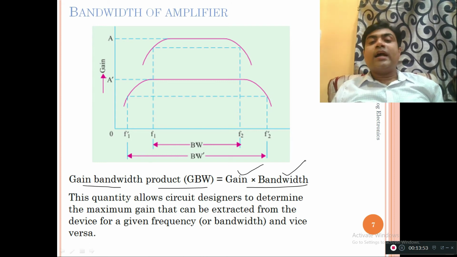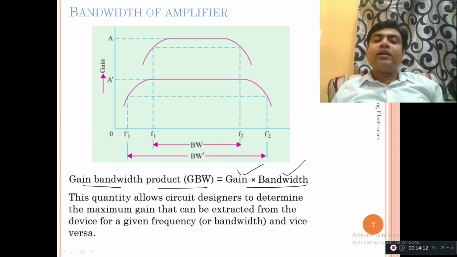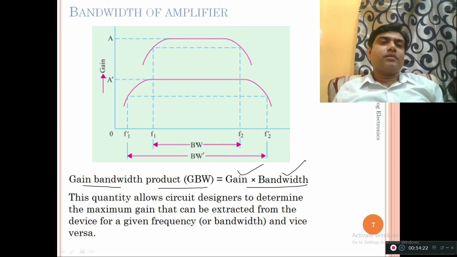And the gain versus bandwidth plot which is shown over here, we'll also discuss. But one thing is very sure, that the gain bandwidth product is going to be constant. So if you increase the gain, you will have a lesser value of the bandwidth. If you increase the bandwidth, you will have a lesser value of the gain, vice versa. So this quantity gives the designers the idea of how to determine the maximum gain at a given frequency, and vice versa.